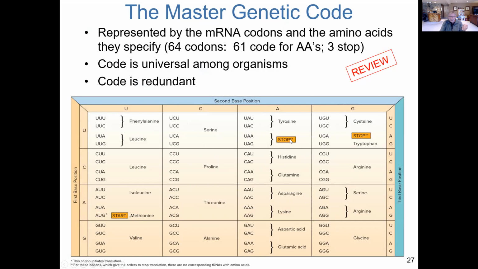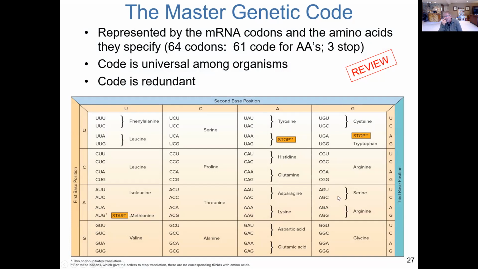Those were referenced in the previous 2 videos. When those codons are in the A site of the ribosome, there's no transfer RNA that is allowed in because it doesn't code for an amino acid. It stops translation. So we're done producing the polypeptide. So you have to have a stop codon at the very end to stop translation.